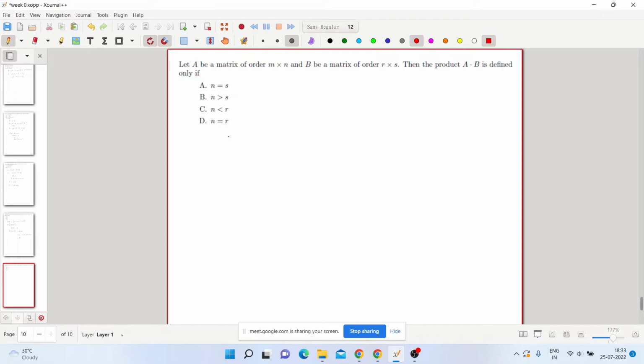We are having a matrix A here, which is an m by n matrix. So we can write A as A11, A12, etc., A1n, A21, A22, etc., A2n, etc., AM1, AM2, etc., AMN. This is the matrix A. In the same way, we can write B. B is an R by S matrix.